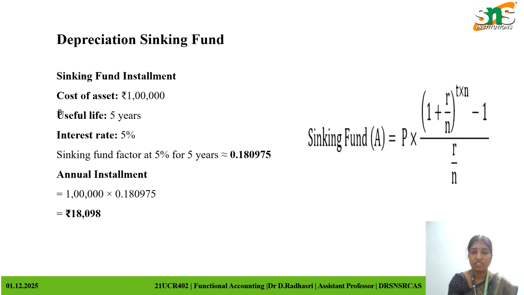The interest rate is taken as 5 percent. In the sinking fund table, the factor is shown as 0.180975, the annual calculation. We calculate the cost of the machine into the sinking fund table factor, and we get the total amount. That is how depreciation is handled in the sinking fund.